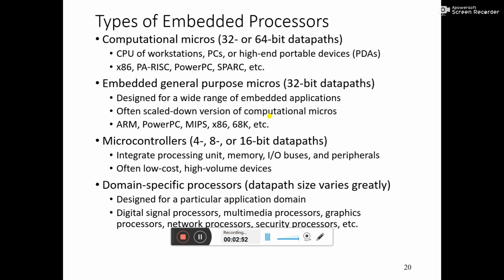The ARM processor, PowerPC, MIPS and x86 are examples. These are all characteristics of embedded general purpose systems.